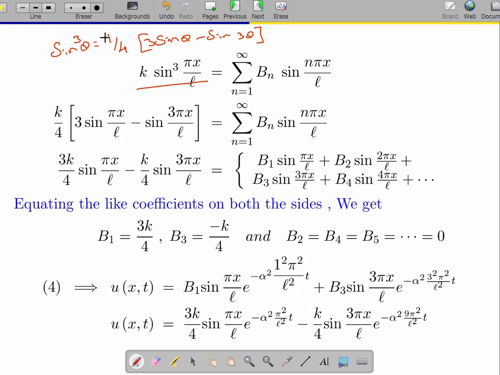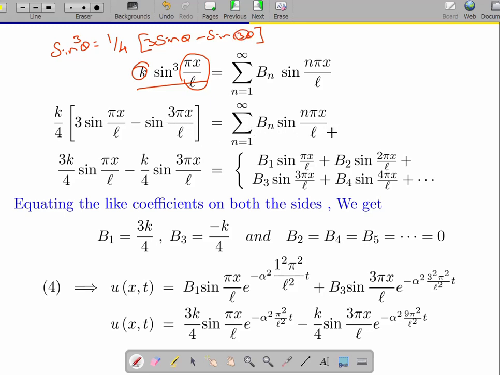This is the formula. So I replace sine cube theta with 1 by 4 into 3 sine theta minus sine 3 theta. Already k is there, so k into 1 by 4 is k by 4. Instead of theta we replace pi x by l, so 3 sine pi x by l minus sine 3 pi x by l.